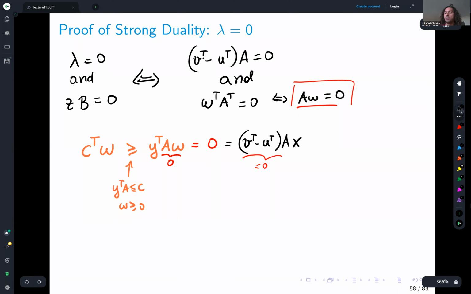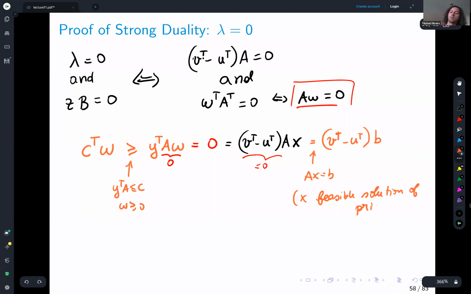Now, if you notice, AX is actually equal to B. So this is actually equal to V transpose minus U transpose B, because AX equals B, since X is a feasible solution of the primal. Does that make sense?